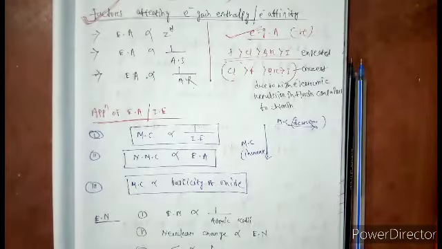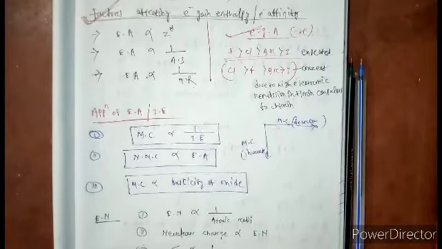If in the exam they ask why chlorine has more electron affinity than fluorine, the answer is that the electronic repulsion in fluorine is more as compared to chlorine, so chlorine has more electron affinity than fluorine.